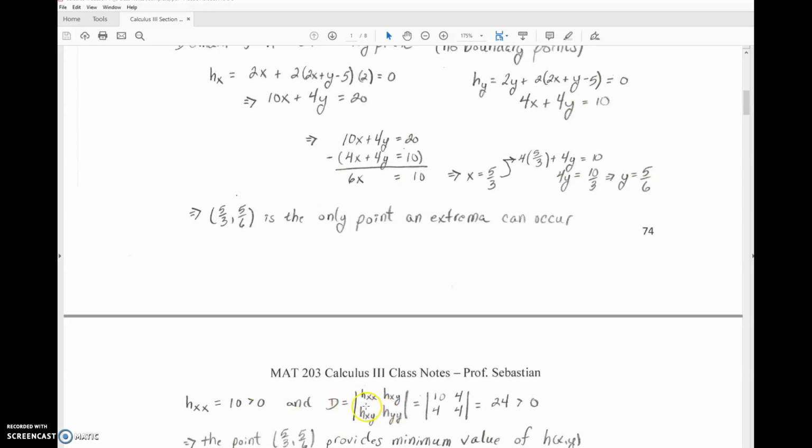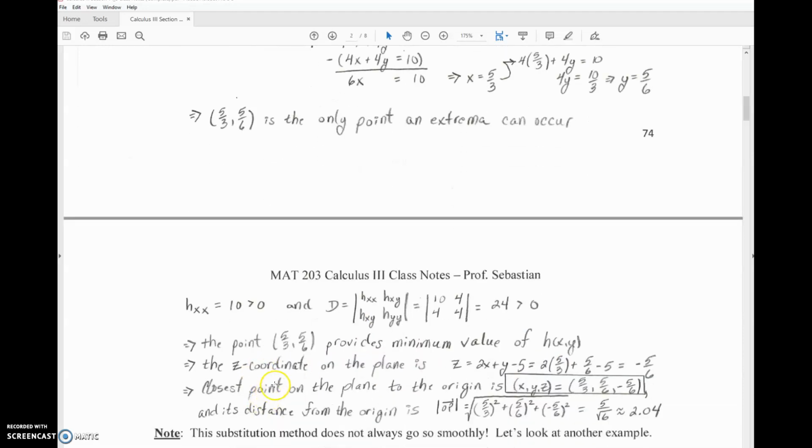So the discriminant, remember, is h of xx times h of yy minus h of xy squared. So 10 times 4, since h of yy is 4, and h of xy is 4 also. So I get 40 minus 16, which is 24. That is indeed positive. So since the discriminant is positive, I know it's concave up everywhere. That means the point (5/3, 5/6) provides a minimum value of h of x, y.